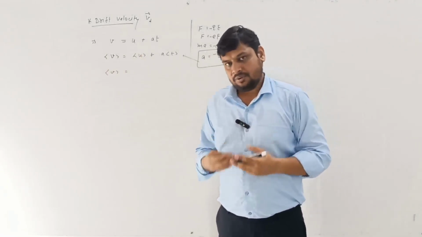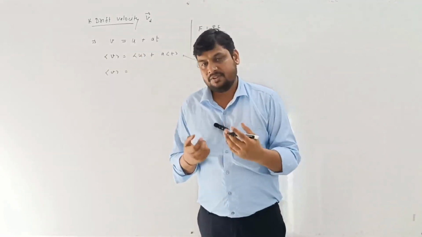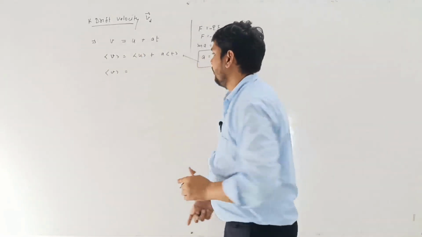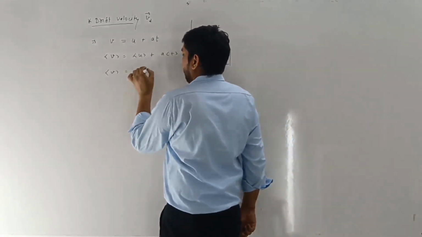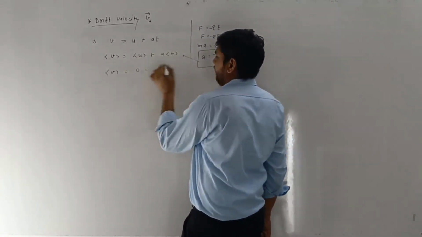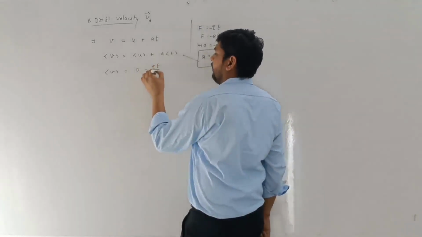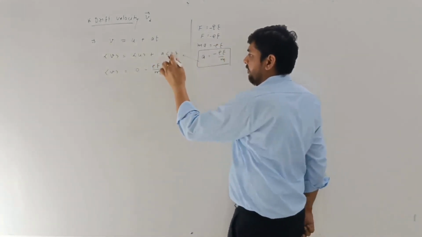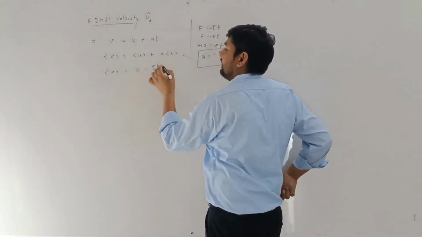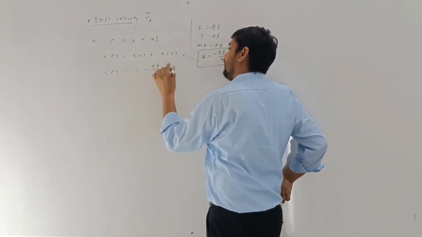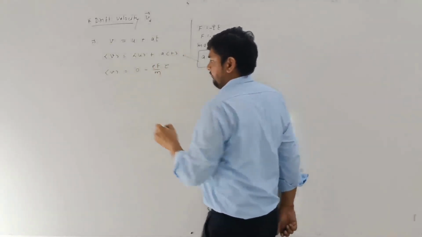We know without external field the average velocity of free electrons is 0. So this value becomes 0, and the value of a is minus eE upon m, and the average value of t is known as mean relaxation time, which is denoted by tau.